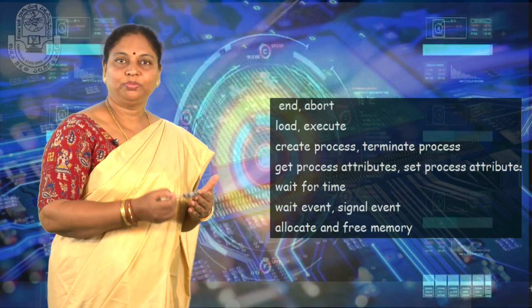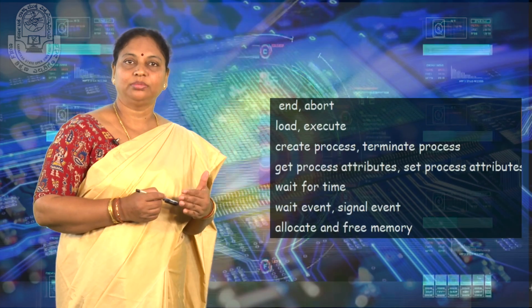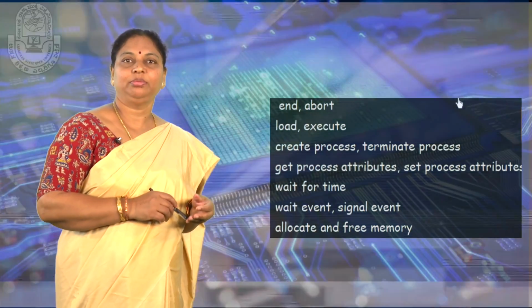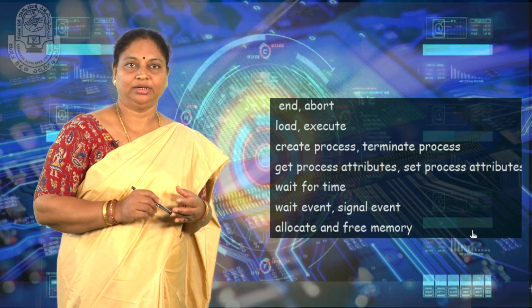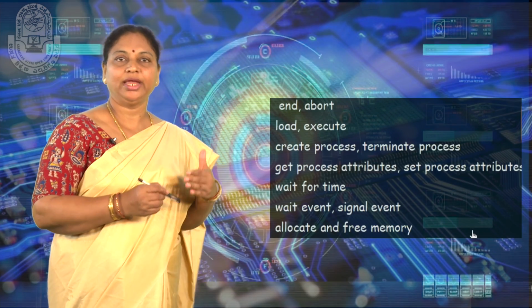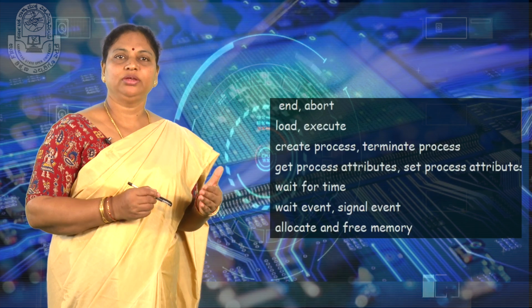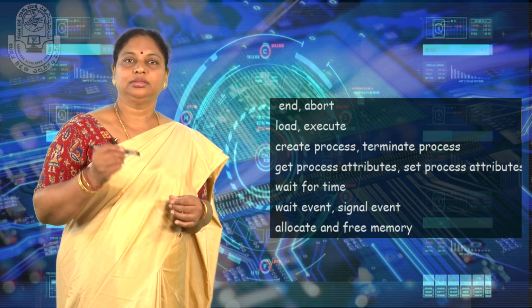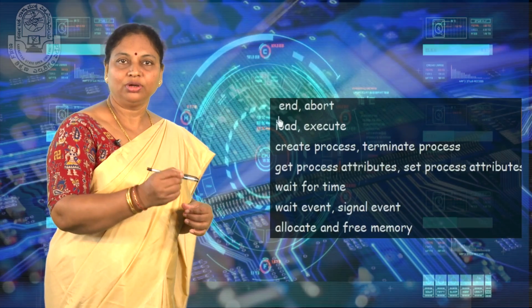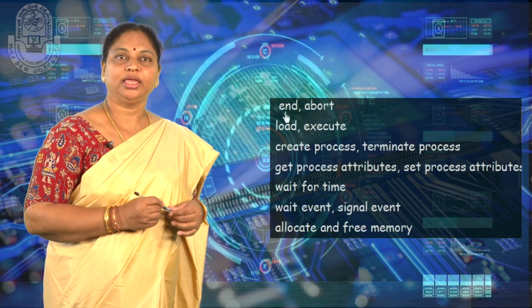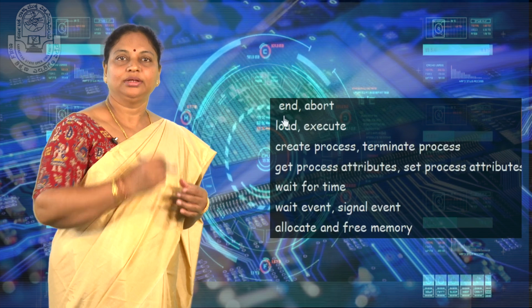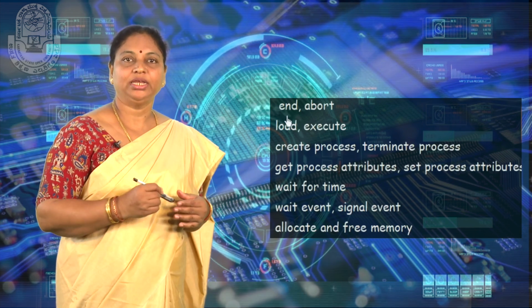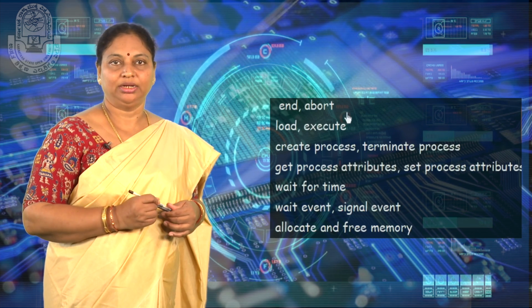So the next group of system calls which come under the same category are get process attributes, set process attributes. That is, if we create a new process, we should be able to control its execution, and the controlling of the execution is through the system calls which will be obtaining the process attributes.